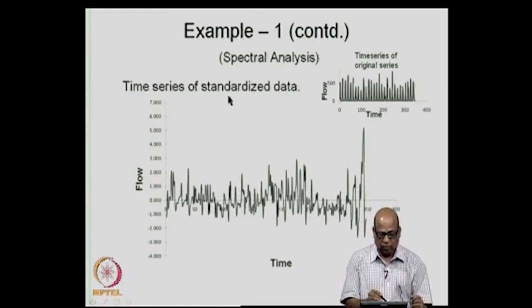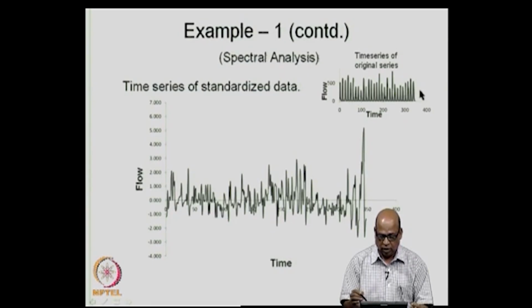When you plot the time series for the standardized data, it looks like this, whereas the original time series was this. This is the standardized flow. As you can see here, this is a much more random series compared to the original time series.